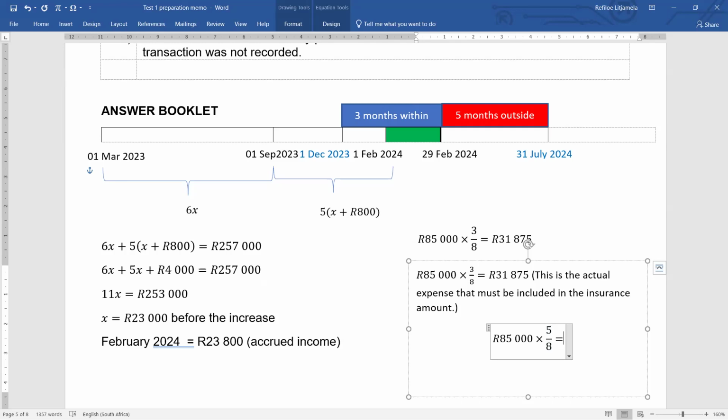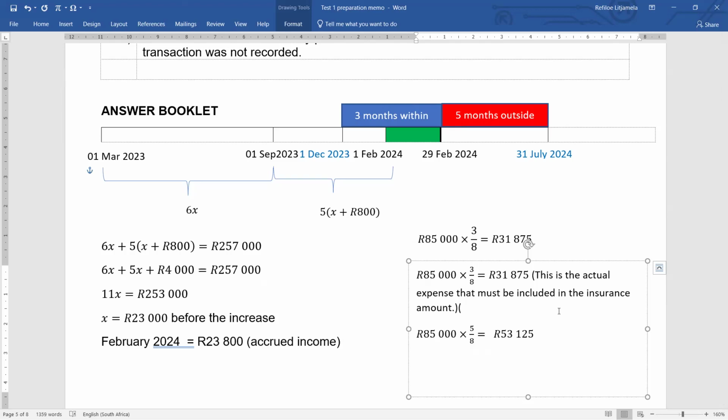Now, please note that the months that fall outside the financial year, which is 5/8, will be our prepaid expense. To record those months, we take the 85,000, multiply it by 5 and divide it by 8, and that gives us 53,125. This 53,125 represents a prepaid expense.